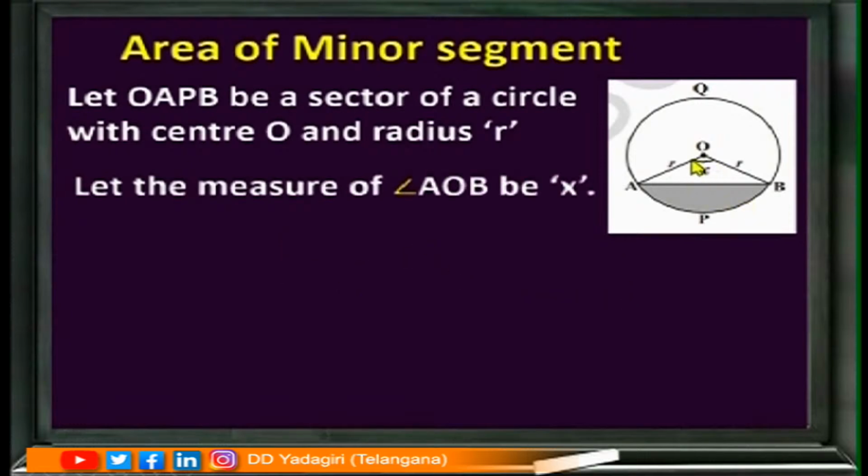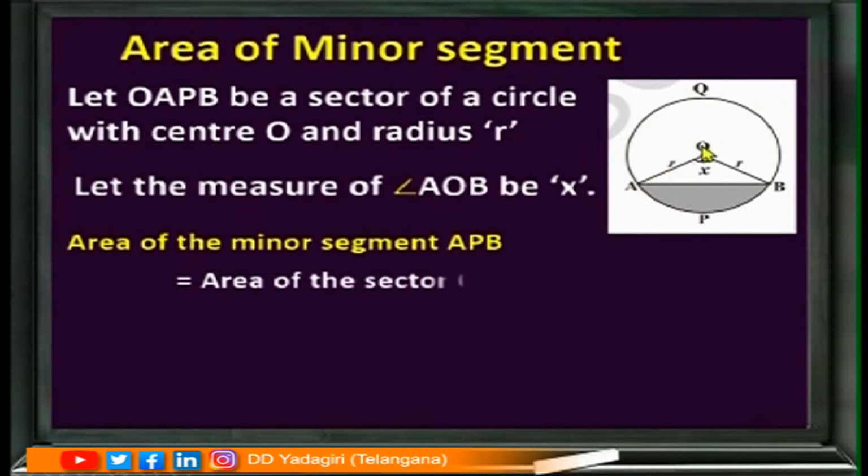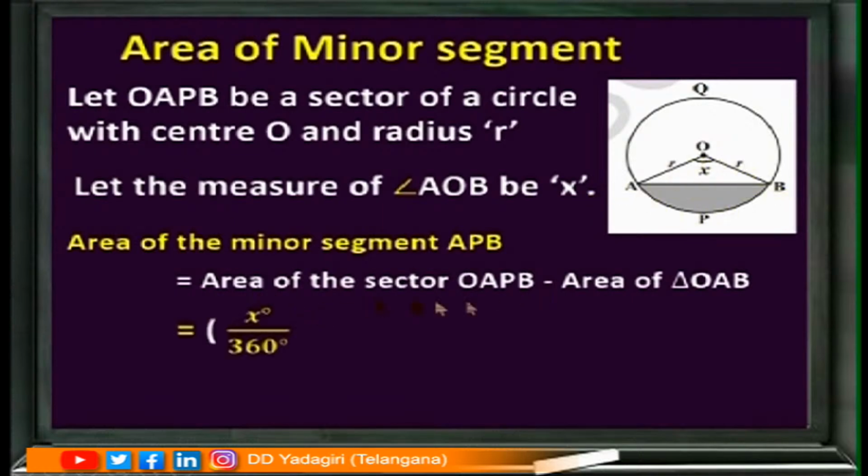This is the angle of the sector. Then the area of the minor segment APB is equal to the total area of sector OAPB minus the area of triangle OAB. Now, what is the area of the sector? Area of sector is x by 360 into pi r square, minus the area of triangle OAB.